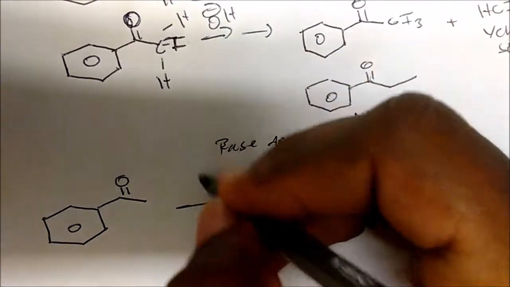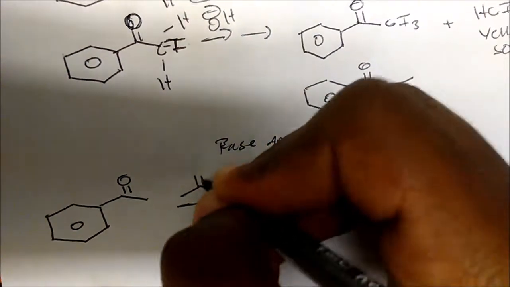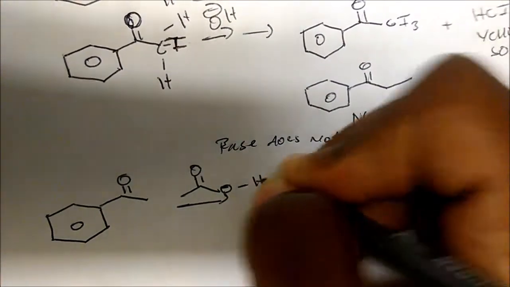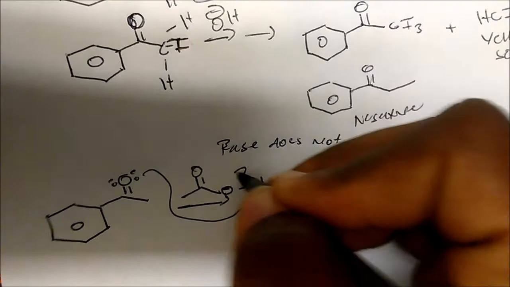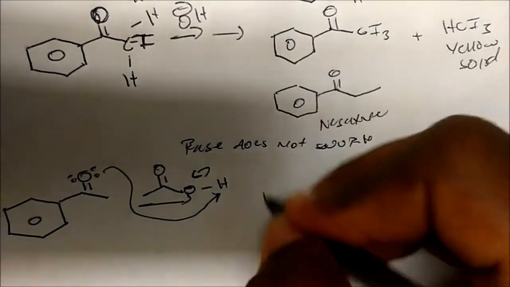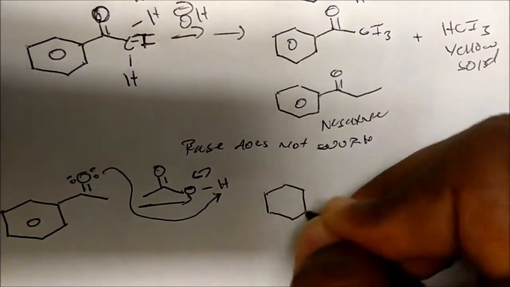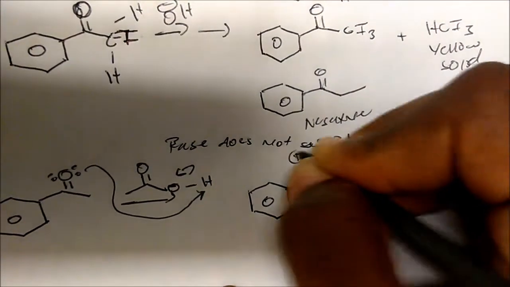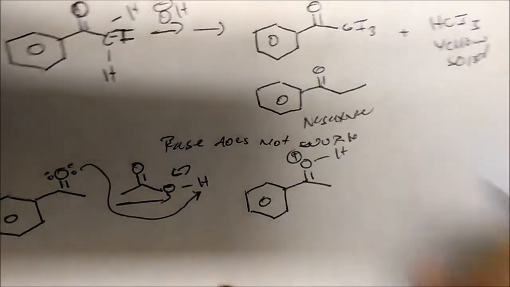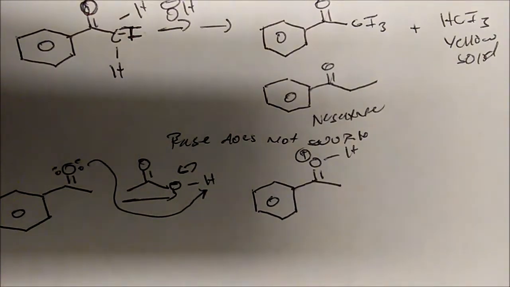Typically we'll use acetic acid in the first step. These electrons on the oxygen will attack the hydrogen, and so it will gain protonation. Now the oxygen has 3 bonds plus 1 formal charge.